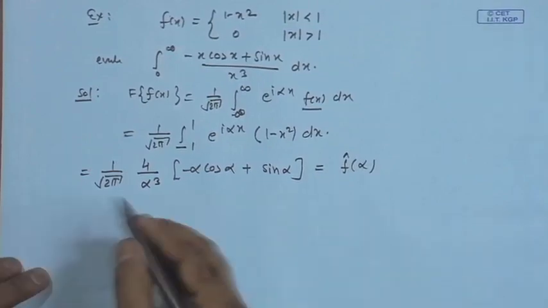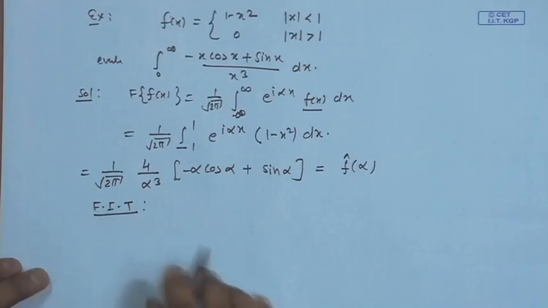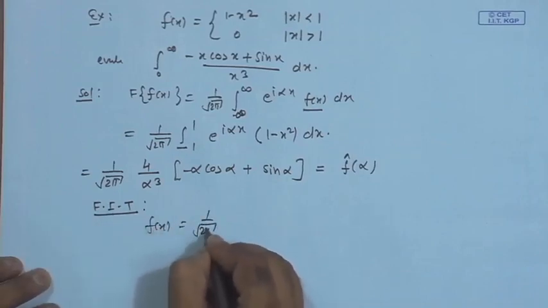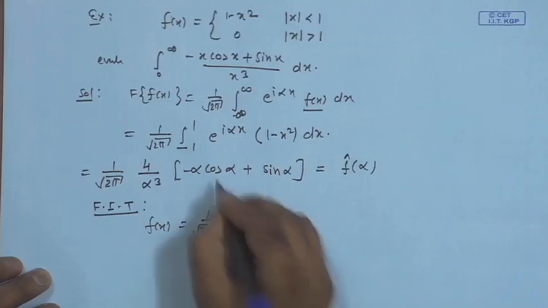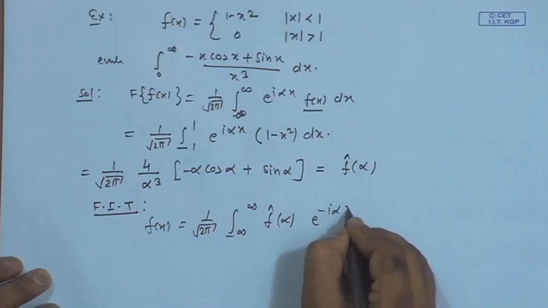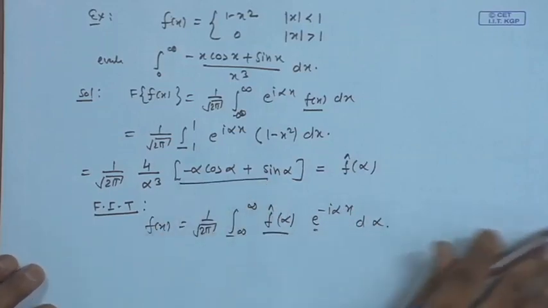And we know again from the Fourier inverse transform that f(x) is 1 over square root 2 pi, integral from minus infinity to plus infinity, of this function times e to the minus i alpha x d alpha. So we substitute here and again take the real part.